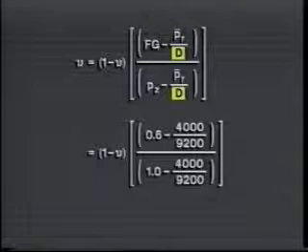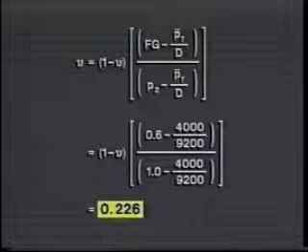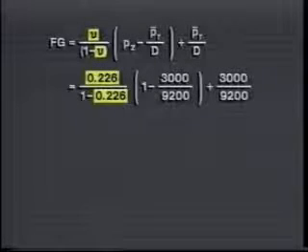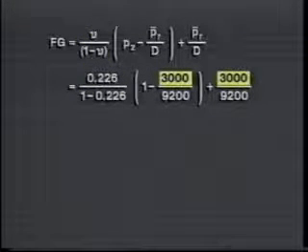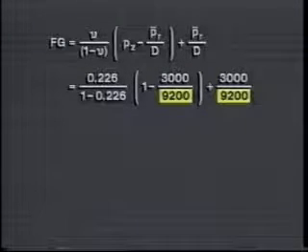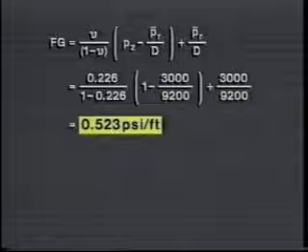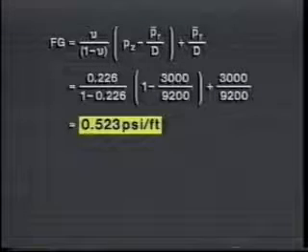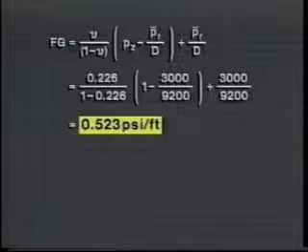For our example, we have chosen a method that requires determining Poisson's ratio first. Based on values for the fracture gradient, overburden, reservoir pressure, and depth, it is calculated to be 0.226. Using this constant, the current reservoir pressure of 3,000 psi, and a well depth of 9,200 feet, we calculate the current fracture gradient to be 0.523 psi per foot.